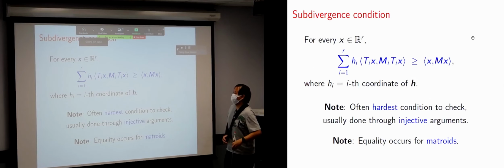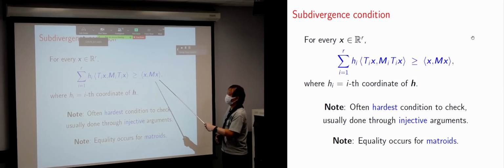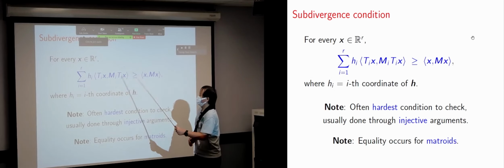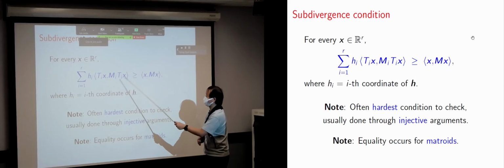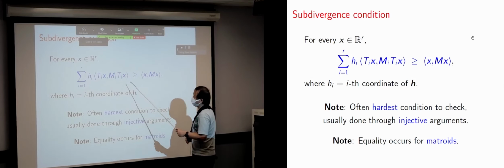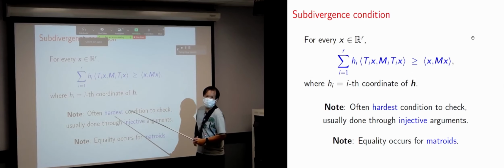The third condition, which is usually the hardest condition to check, says that if you look at the inner product induced by M on every vector X, this thing is bounded from above by the sum of the inner products created by the children of M, scaled by H, where H is the given H vector.